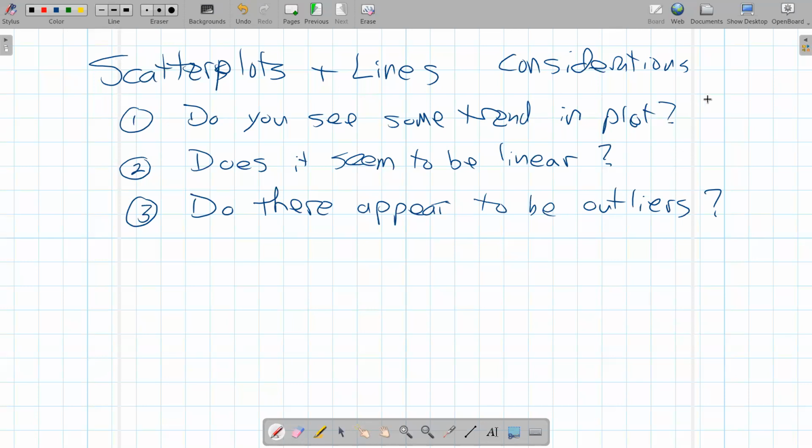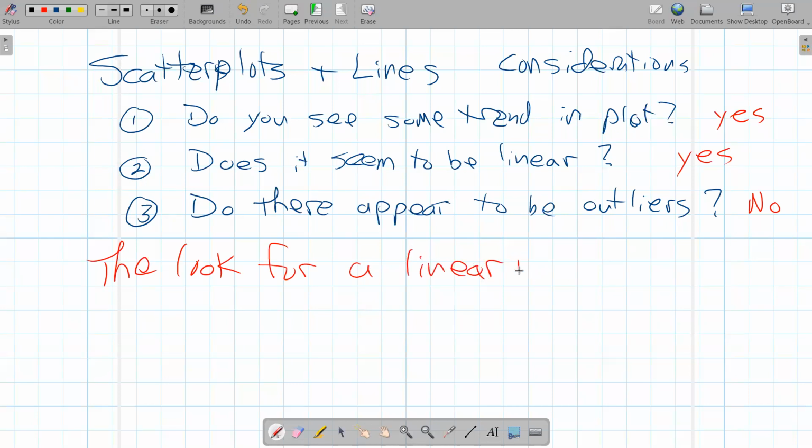So if there does seem to be a trend, so if I can answer yes to that question, and if it does seem to be linear, I can answer yes to that question. And do there appear to be outliers? If I can say, nah, there's not really any outliers, then I'm going to look for a linear model. By a linear model, I mean an equation like y equals mx plus b.